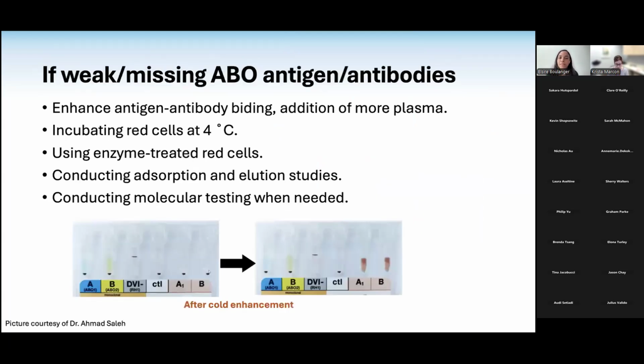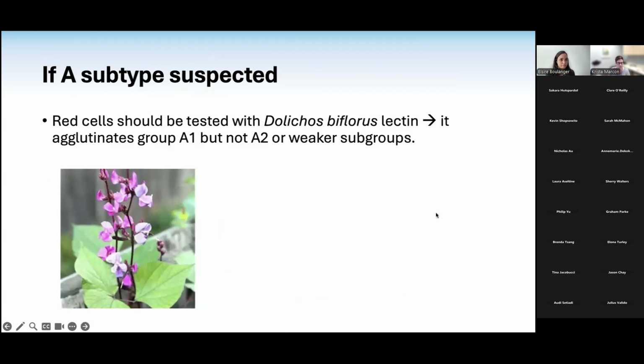If there's a weak or missing antigen or antibody, we have to enhance the reaction. We can add more plasma if this is the problem for the reverse reaction. We can incubate the red cells at 4 degrees because antigen-antibody binding will be better at colder temperatures. We can use enzymes, conduct adsorptions, or even molecular testing when needed.